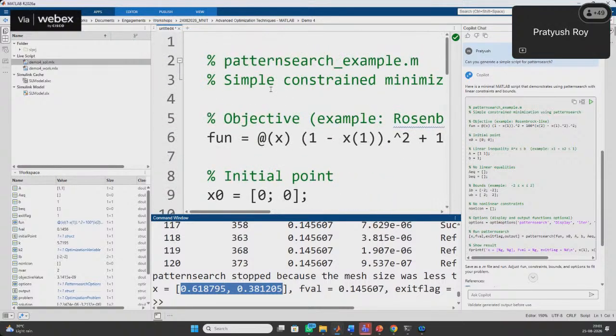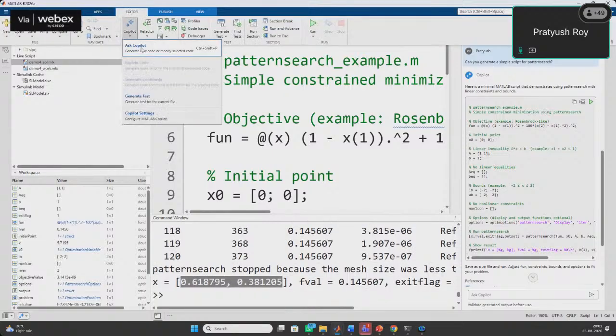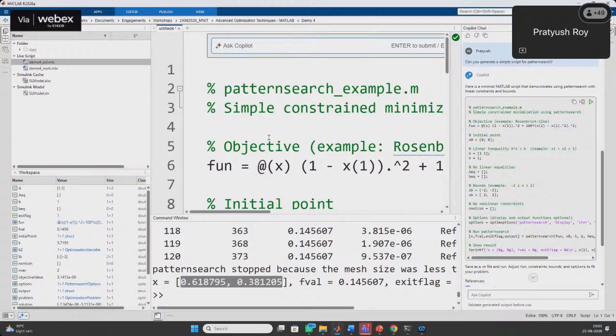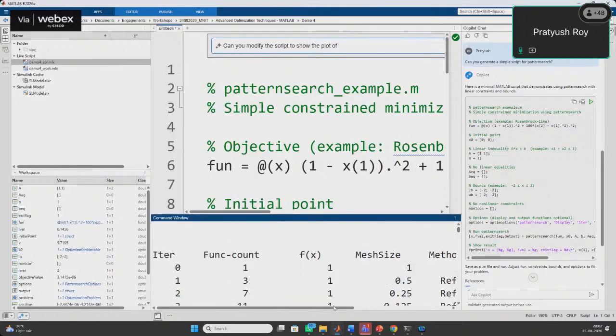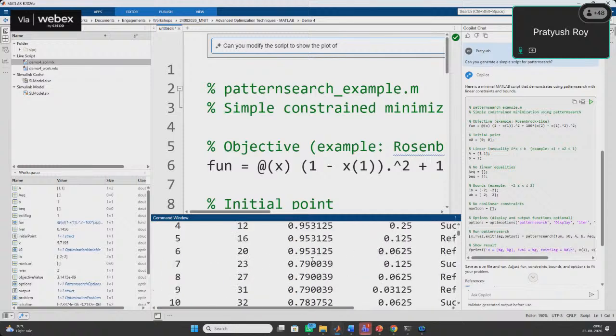For example, here you can use Copilot inside the script and say, can you define the script to show the plot of, maybe, the best fit in each iteration?